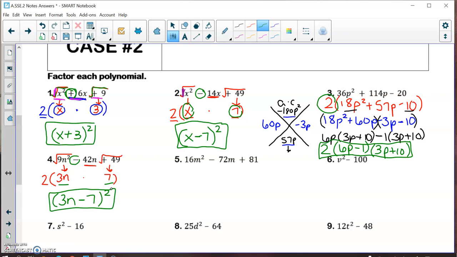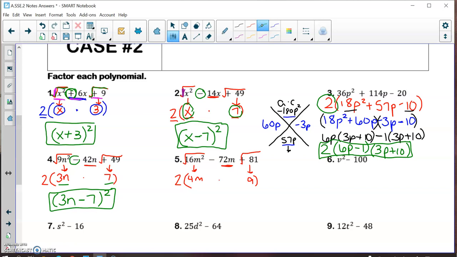Let's look at number 5 to test if this is a perfect square trinomial. The first term is a perfect square. The square root of the first term is a 4m. The square root of my last term is a 9. If I multiply both of those together, 4m times 9 is 36, and multiplying that by 2, we do get a 72m, ignoring the operation that comes before it.